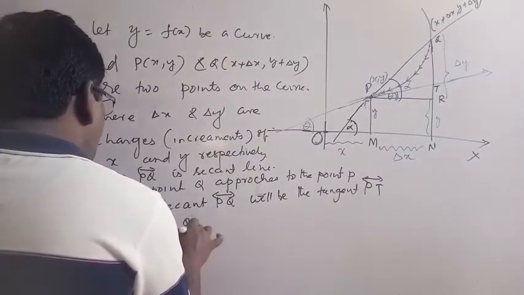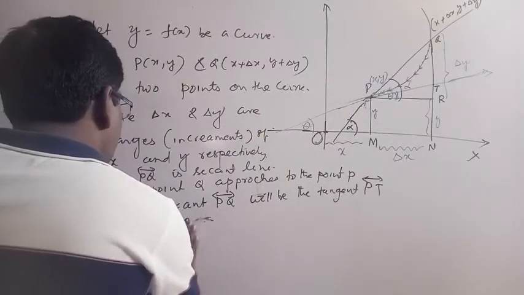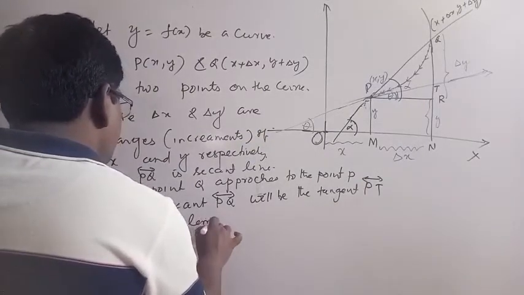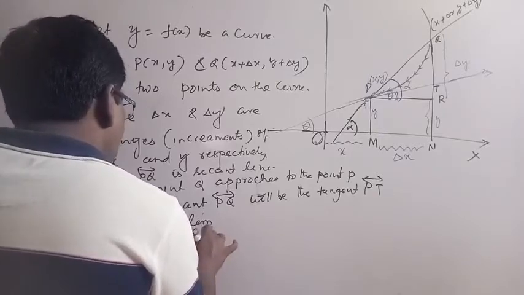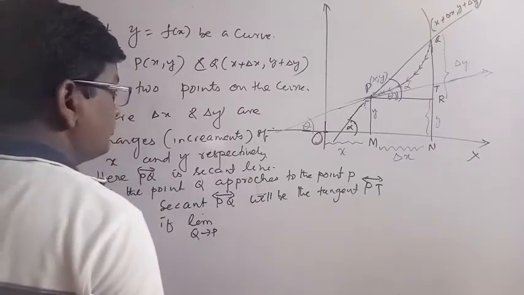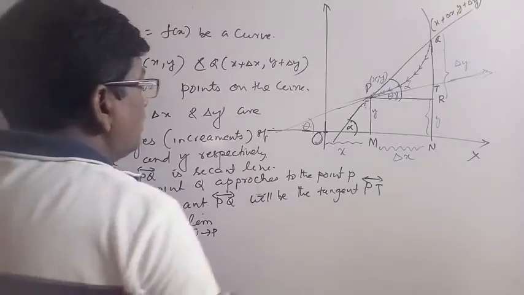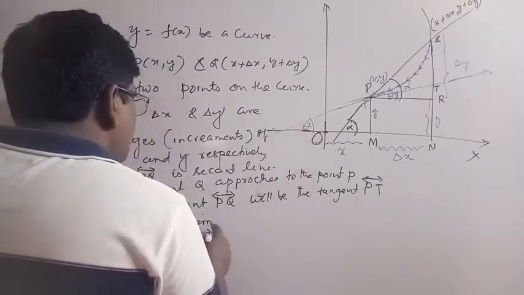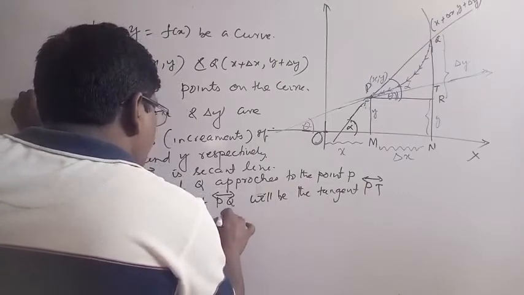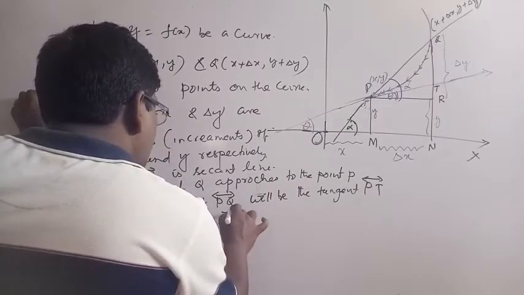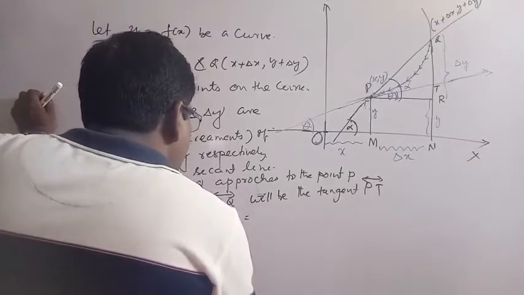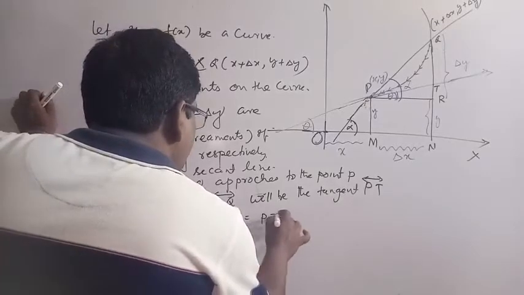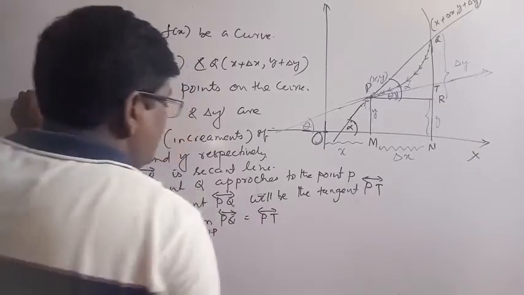That is, if Q approaches P, that is the limit, Q approaches P, and this will be the PQ tangent. The second line, this is PT, which is the tangent.